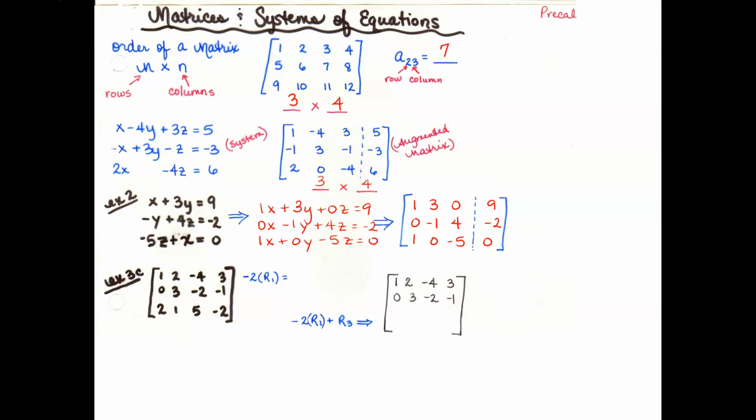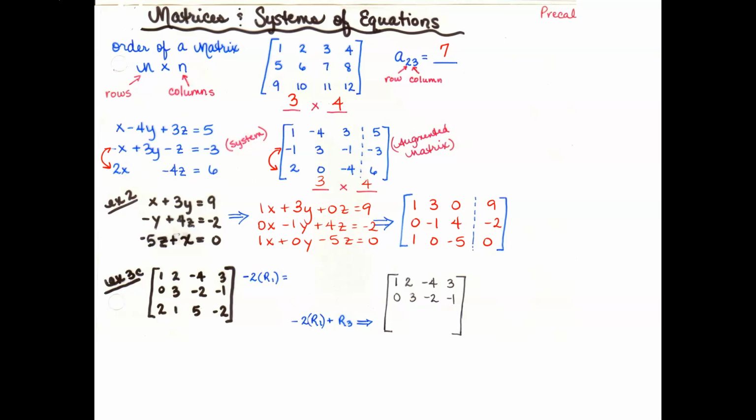What is an elementary row operation? There are 3 things that you can do with matrices that are row operations. The first one is you can switch any 2 rows in a matrix. Now, not columns, but rows. Well, how can I do that? How does that not change anything?